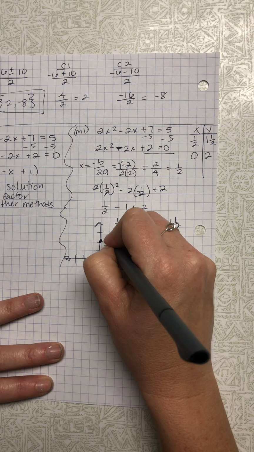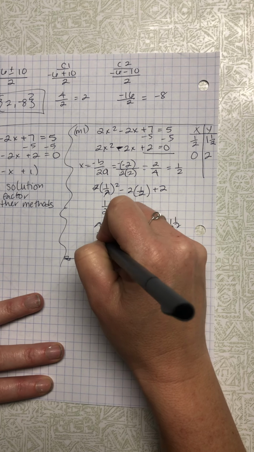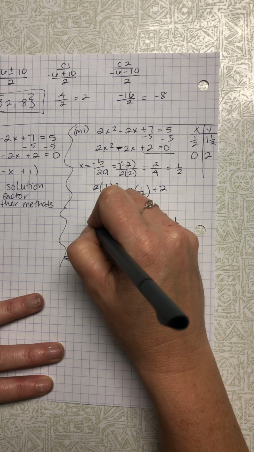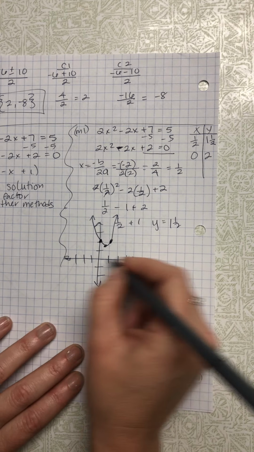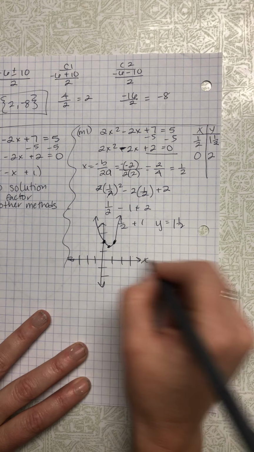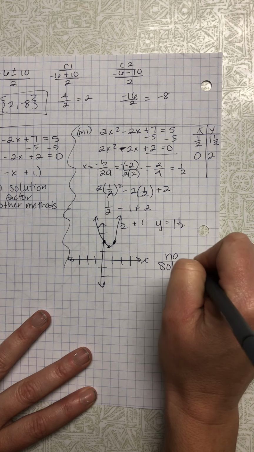So to match that, that would be on this side here. And remember, the answers are where it crosses on the x, which it doesn't. So this is also no solution.